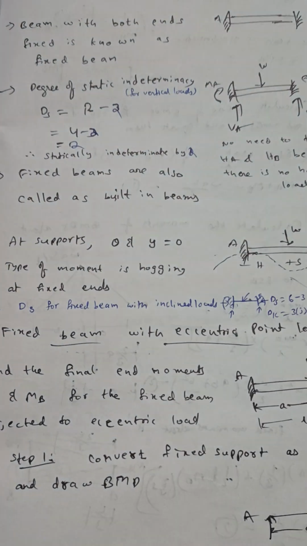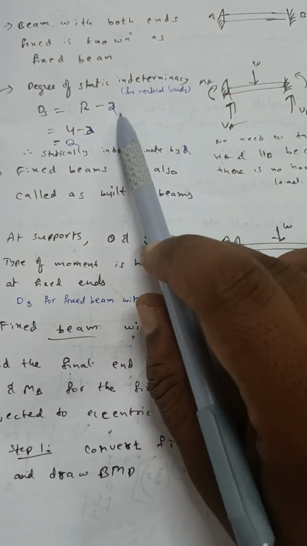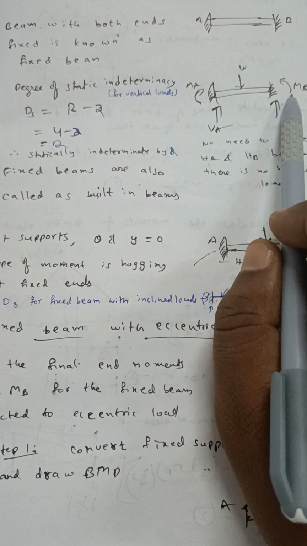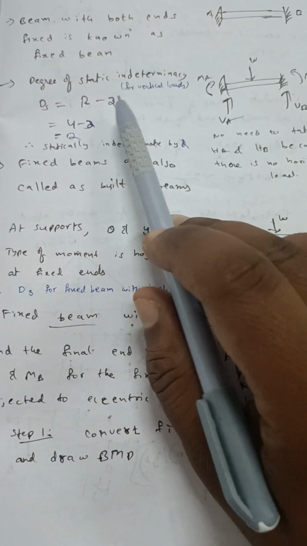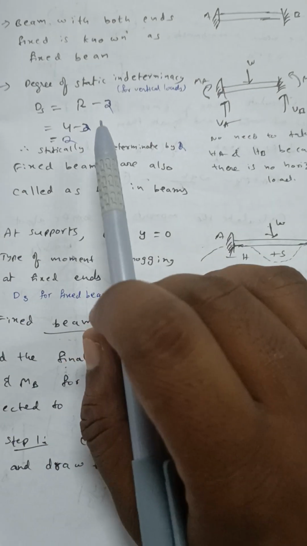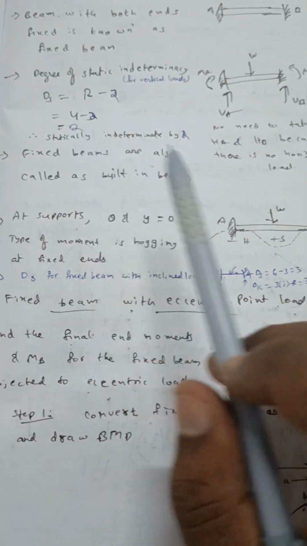What are they? Sigma Fy equal to 0 and sigma M equal to 0. What is the total number of reactions? 1, 2, 3, 4. 4 minus 2, so Ds equals 2 for a fixed beam with vertical loads.